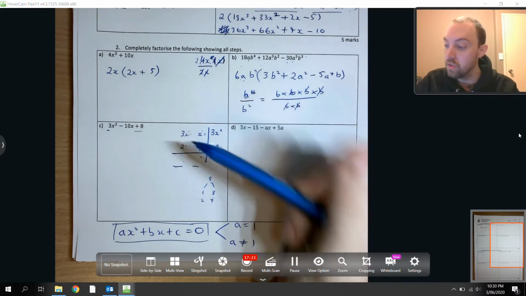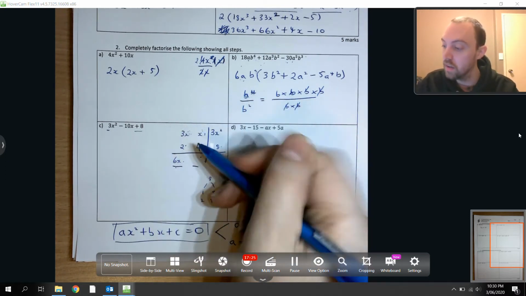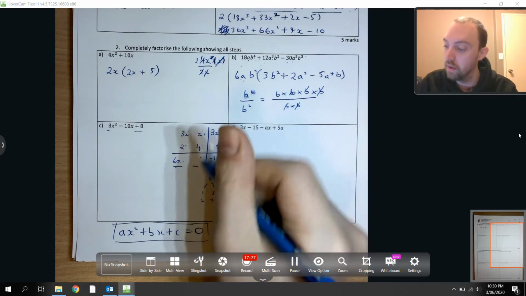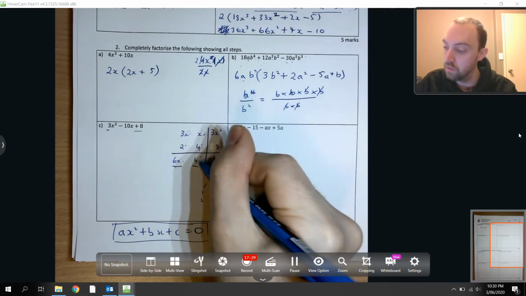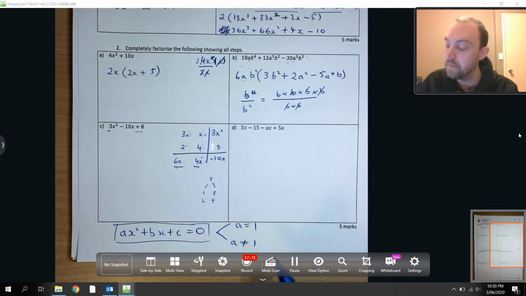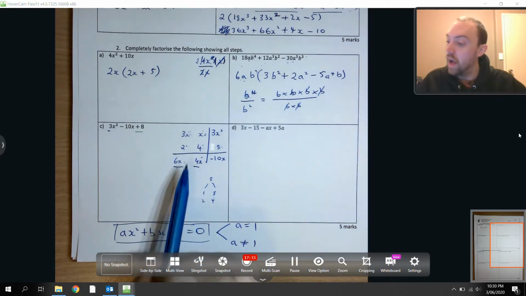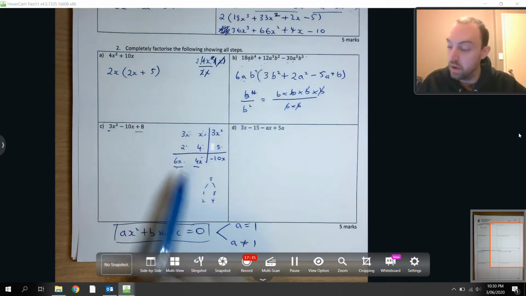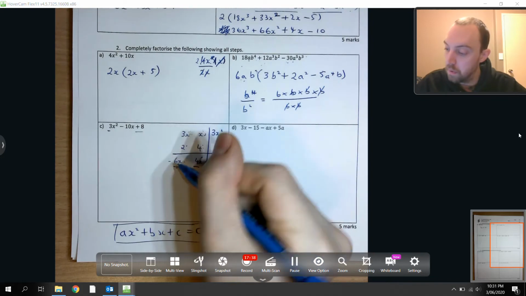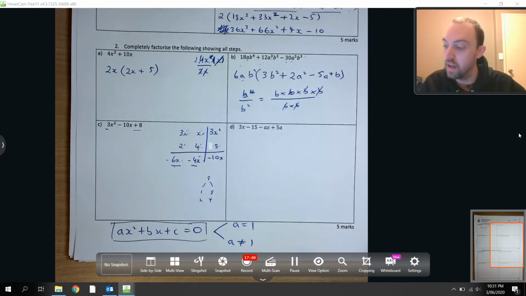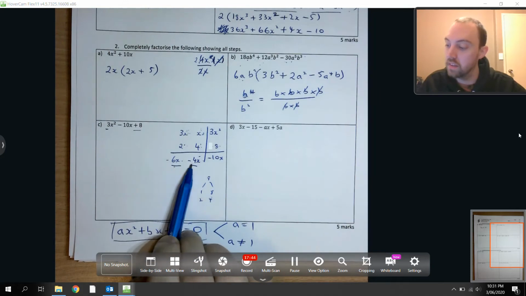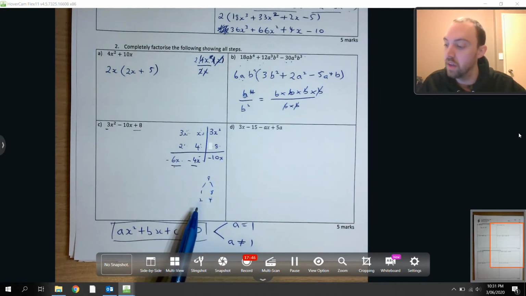3x times 2 makes 6x. x times 4 is 4x. And this only works when both of them are negative. Negative 6x, take 4x, gives you negative 10.